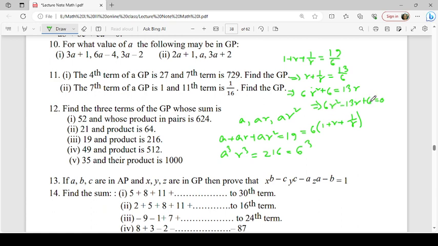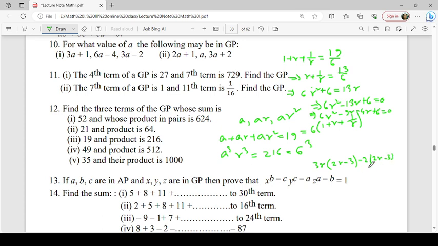So it is 6 into 6, 36. Then 36 is 9 into 4, and 9 plus 4 is 13. So our factorization is like this: 6R square minus 9R minus 4R plus 6 equal to 0. This gives us 3R common, 2R minus 3, then minus 2, 2R minus 3.